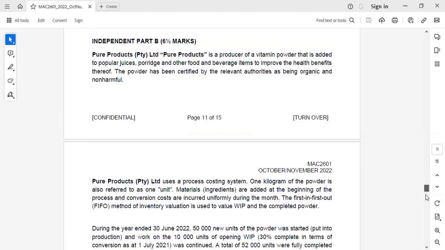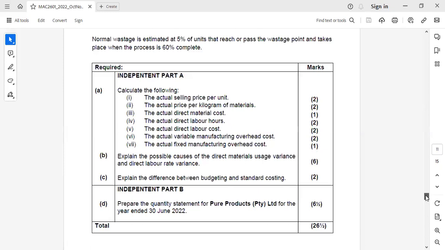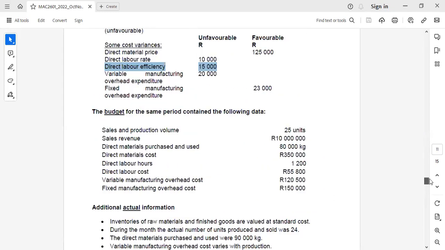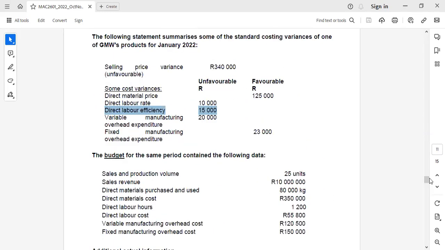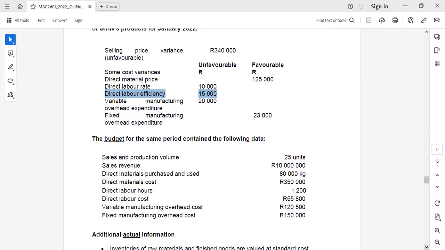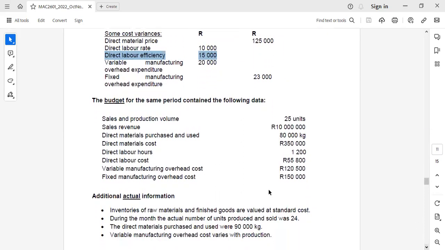Let's not forget that we intend to find the actual direct labor hours. The standard hours, we know that they produced 24 units. Let's find our standard hours first.